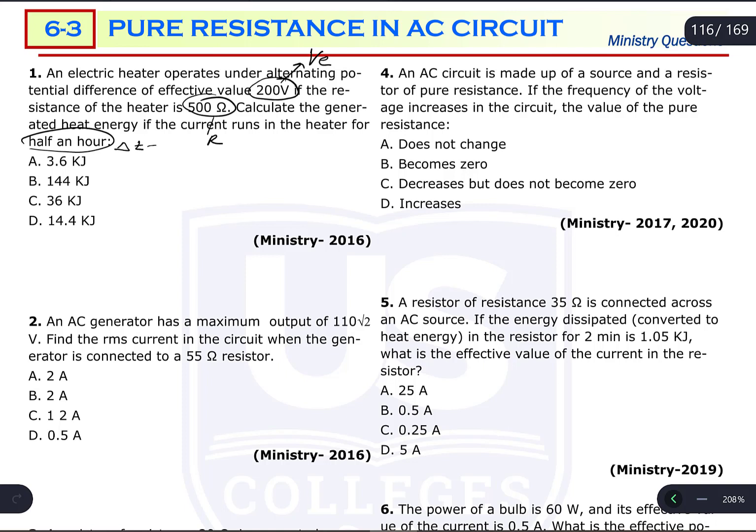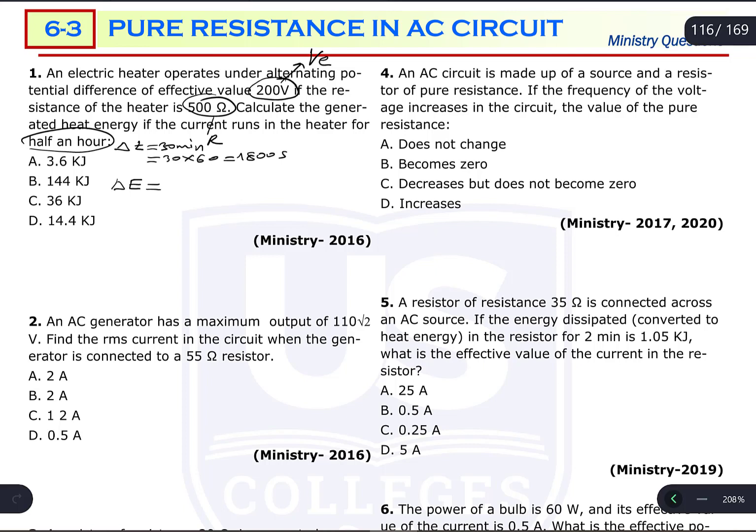Half an hour is 30 minutes, and 30 minutes is equal to 30 times 60, which is going to be 1,800 seconds. So we are going to calculate the energy.